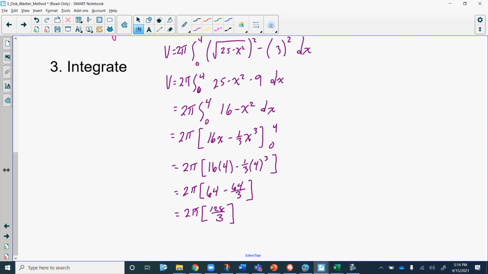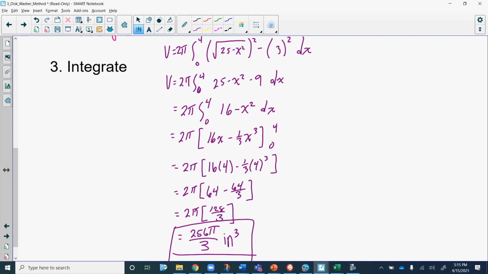So 2 times 128 will be 256 pi over 3. And we're done. And in this case, they're giving us units. So I would be remiss if I did not include my units, because they gave us units. In that case, it must be included in the answer.